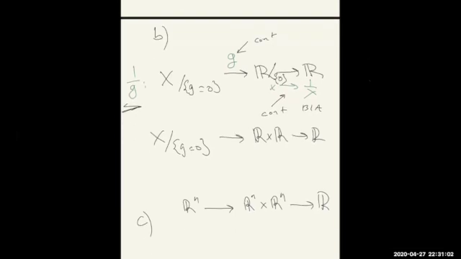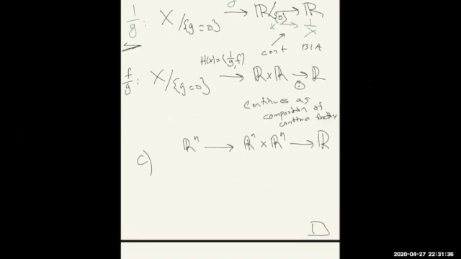Okay, so 1 over g is continuous. So if we combine that, we take h of x that sends to 1 over g and f, and then we take the product function. Then again, we get that the composition, f over g, is continuous.